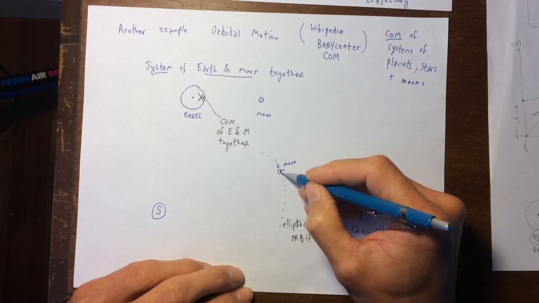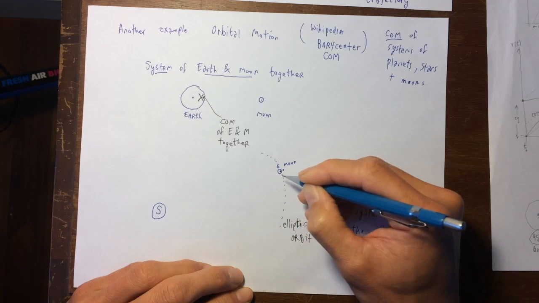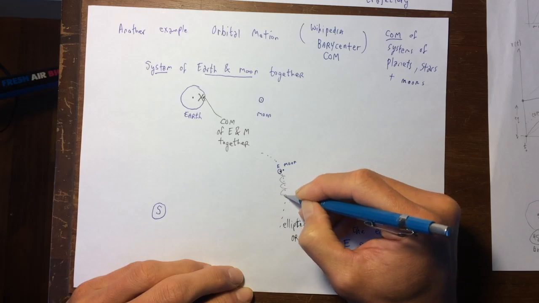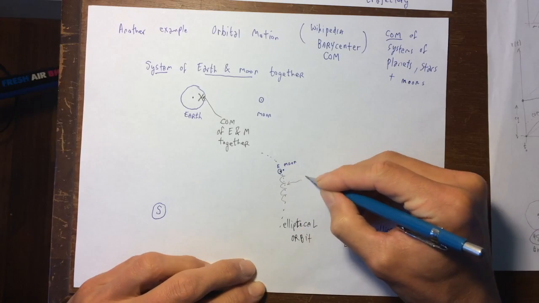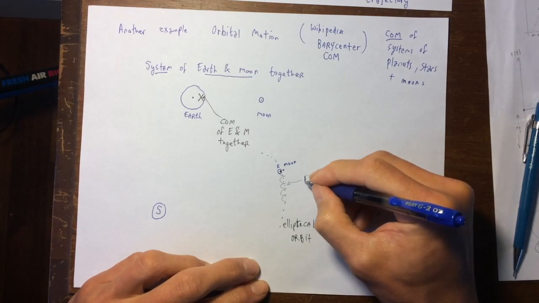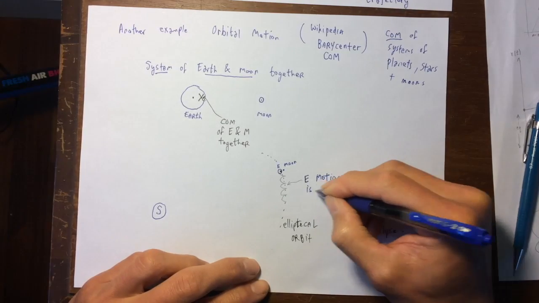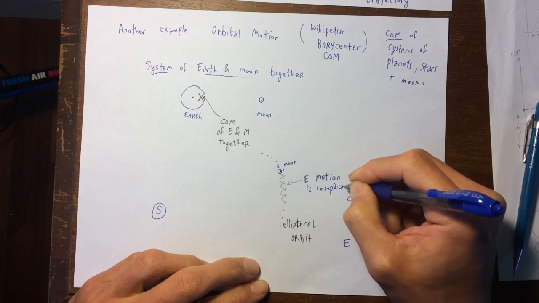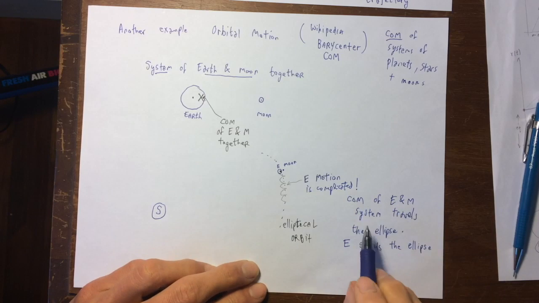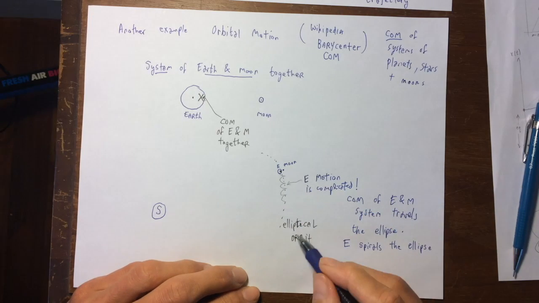So weirdly, the Earth is kind of like going something like this. The Earth's motion is complicated, but the center of mass of the Earth-Moon system is not complicated. It's the elliptical orbit.